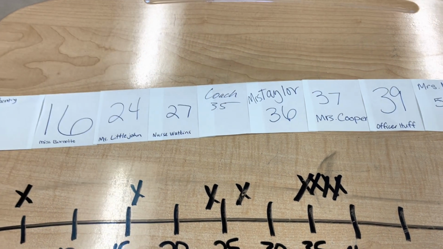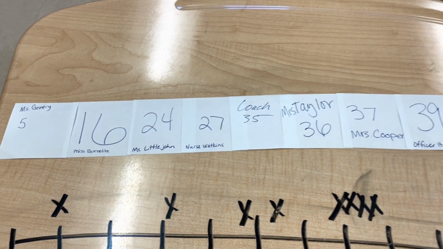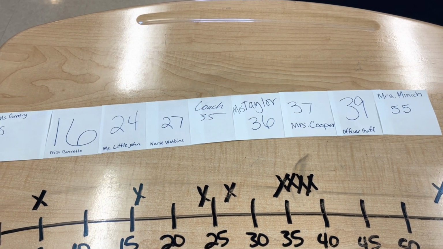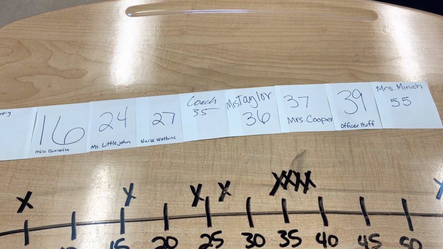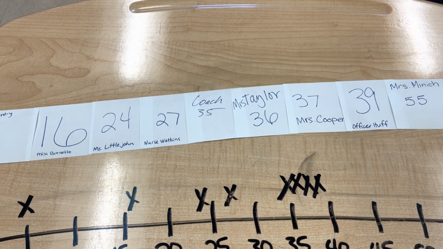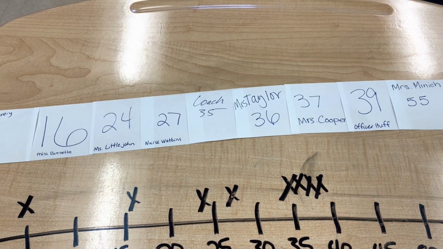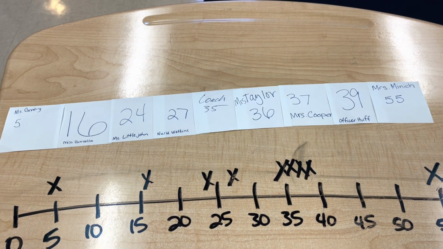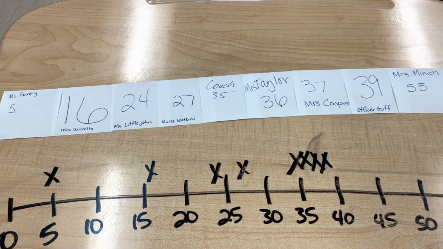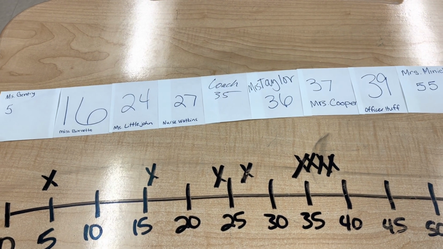Okay, so now that we found our range, do you think that it would be helpful for us to find the middle number in our set of data? So let's think about what our middle number means, okay? So we already said that finding the difference between the largest number and the smallest number is our range.